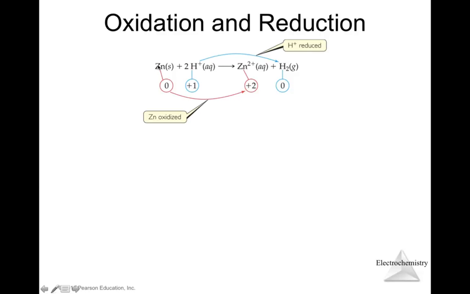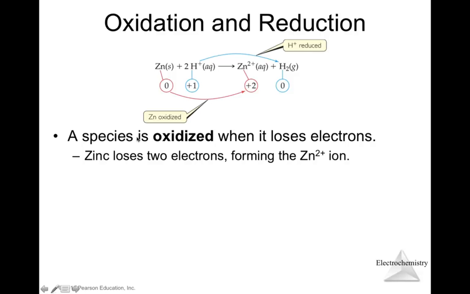Zinc went from 0 to +2, and hydrogen went from +1 to 0. The hydrogen's number decreased from +1 to 0, so hydrogen was reduced, while zinc went from 0 to +2, so zinc was oxidized. A species is oxidized when it loses electrons.